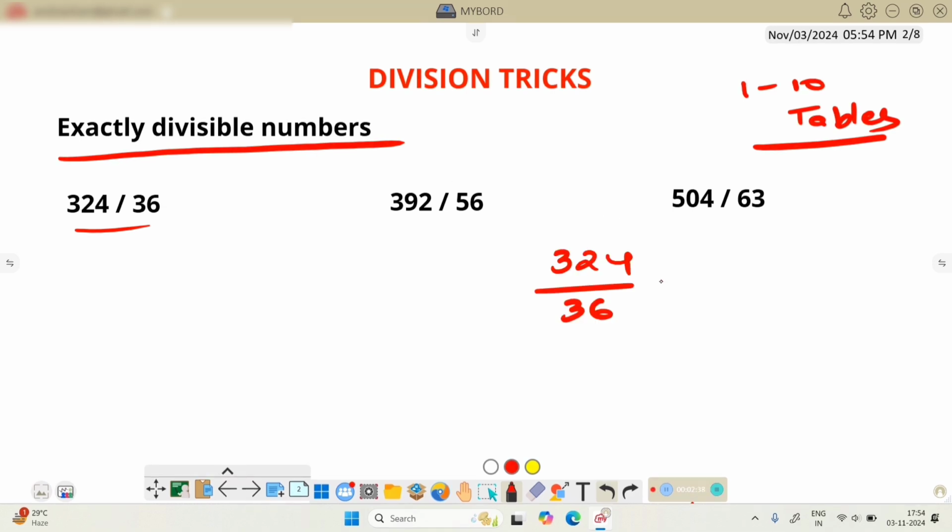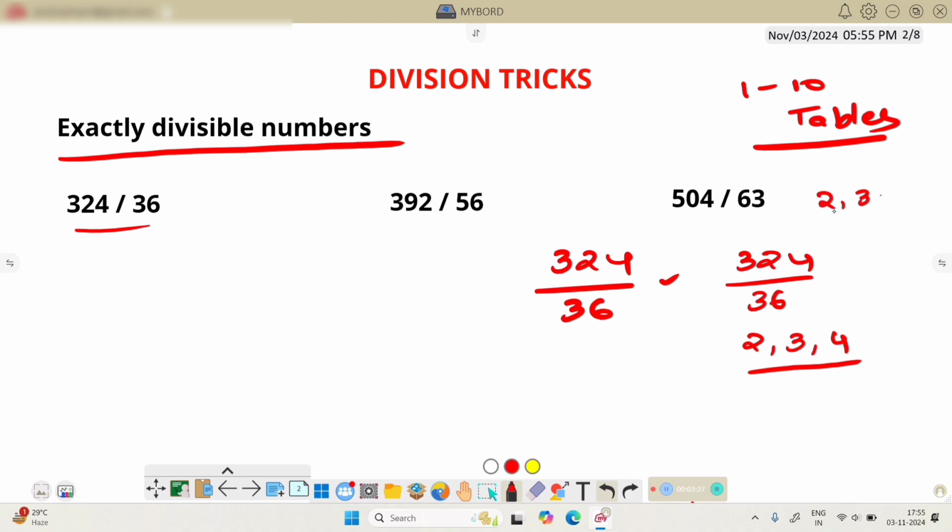Here they have given 324 by 36. So you don't know the 36 table, right? Most of the students will cancel out with the 2 table, 3 table, 4 table. So let us see the general method, how most of the students will do it. It is divisible by the 2 table and 3 table also.